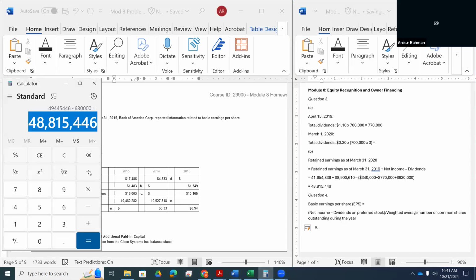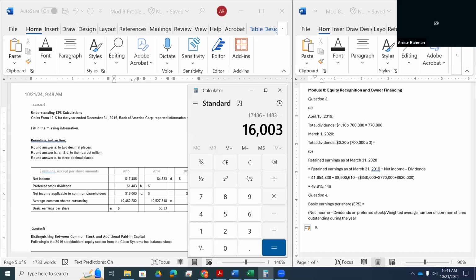So you can verify this here. 17,486 minus the preferred stock dividends, 1,483, is 16,003, right? So we have this amount. Now all we need to do is divide by the average common shares outstanding.